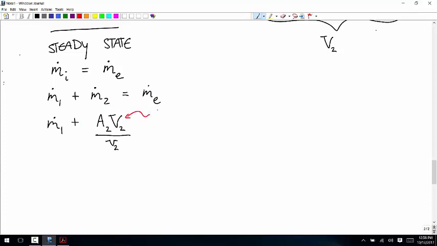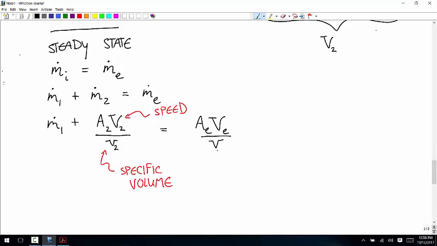Okay, so this is a speed. This is a specific volume. And when you add those up, those have to be equal to the cross-sectional area of the exit times the speed of water coming out of the exit divided by the specific volume.